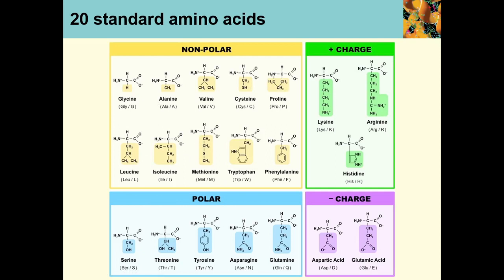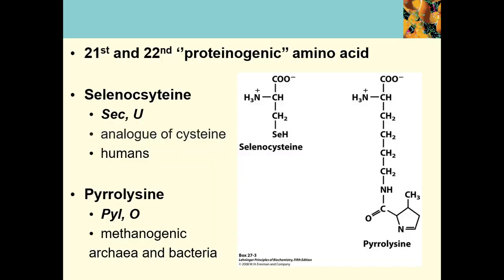But before we proceed with the discussion on peptide bond formation, allow me to introduce our 21st and 22nd proteinogenic amino acids: selenocysteine and pyrrolysine. Selenocysteine is abbreviated as SEC, with the one letter symbol U. It is an analog of cysteine.